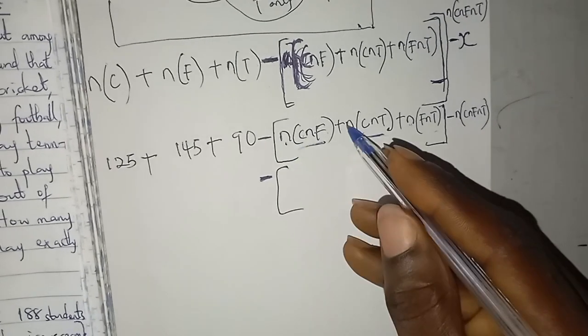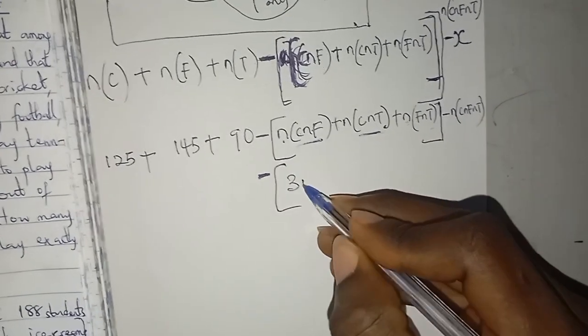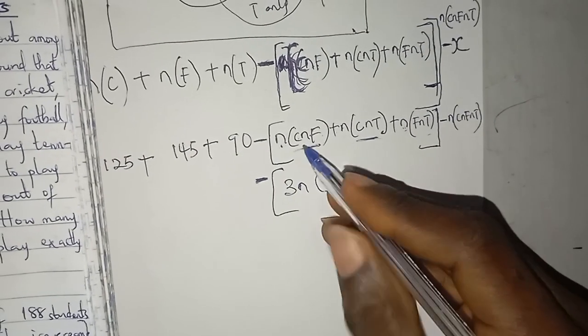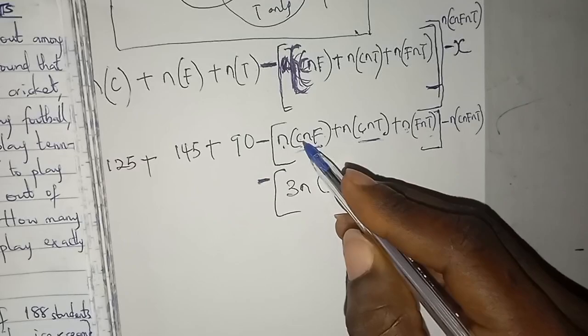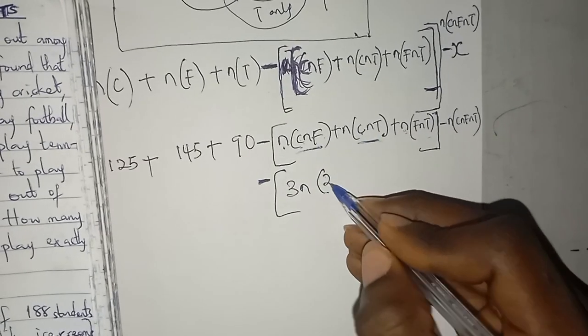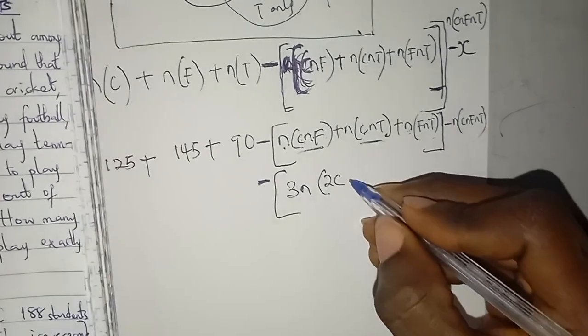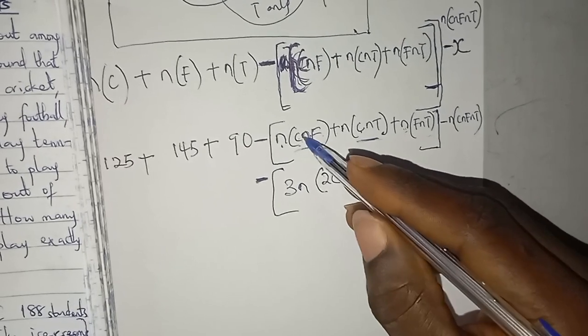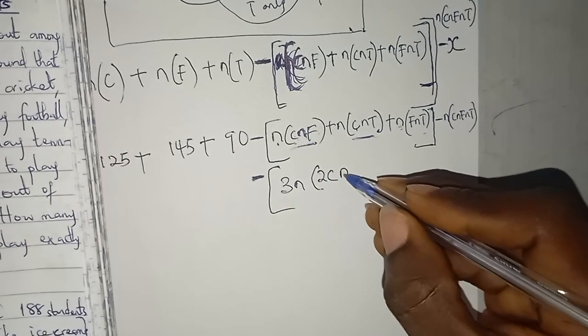You see that n plus n plus n is 3n. Then I now have room for c plus c. I have only two c's here, so I have 2c intersection. Notice that there's an intersection after everything.